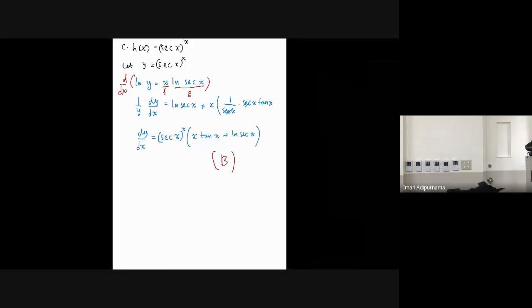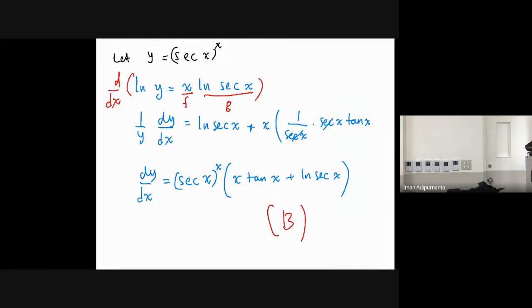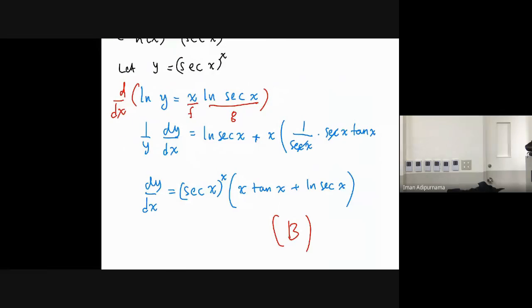And number c, you can do it with implicit differentiation. Make y equals secant x to the power of x. Then take ln of both sides and differentiate.